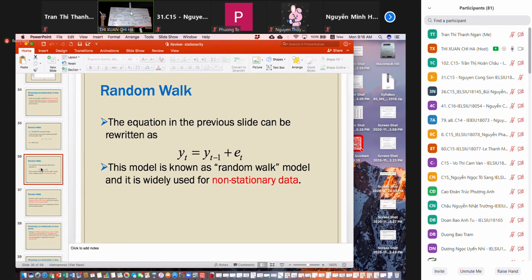Why do I need to review stationary and non-stationary for you? Because that is related to ARIMA. So, the ARIMA model. Let me review. We have several models, right?